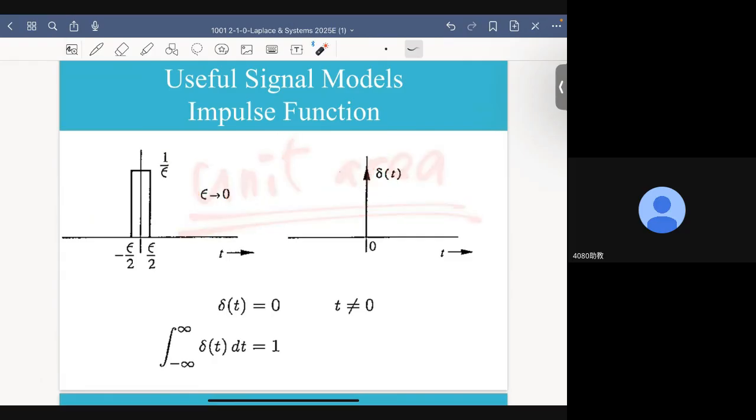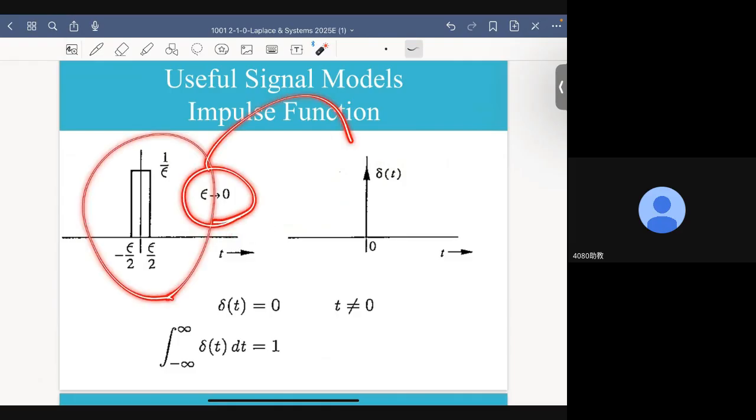Remember the definition of the impulse function. We assume originally this is what we have, but if epsilon goes to 0, then this converges to the so-called impulse function, right?